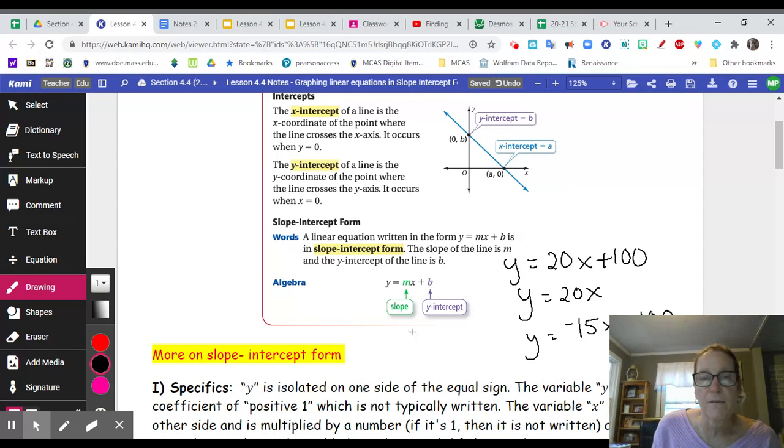And if we have it specifically written this way, and that's what I really want to solidify, then we can look at it, know it's a line, know that all the solution points will lie on a line, and we will also know just by looking at it that this number in front, multiplying the x, will be that rate of change, that slope, that description of the slant of the line.